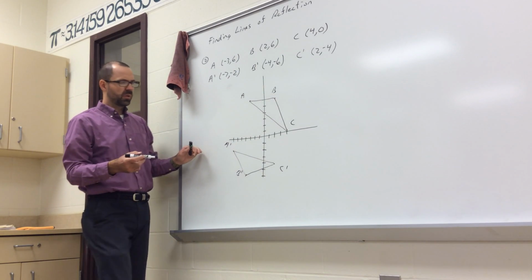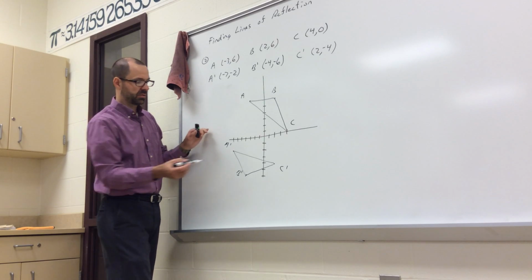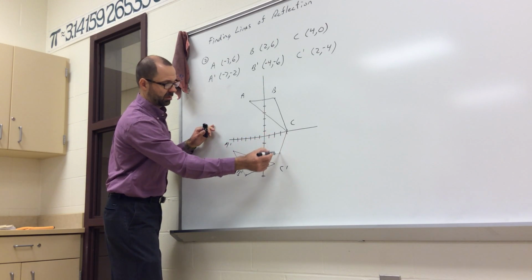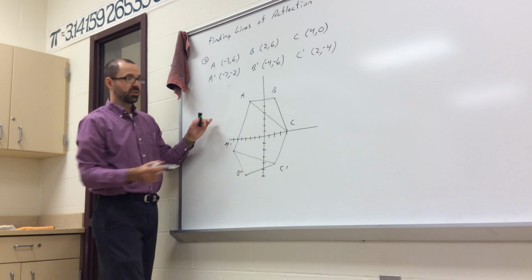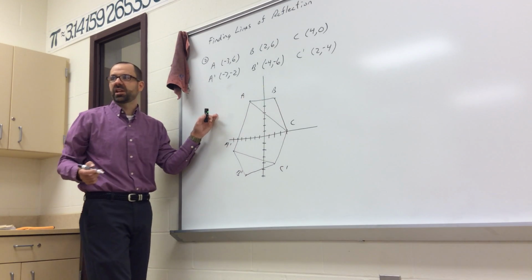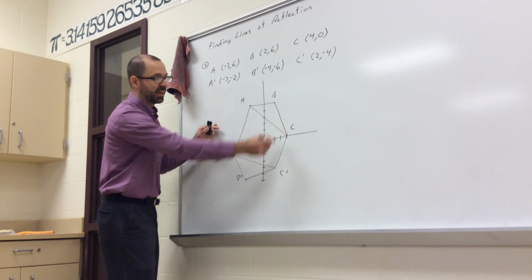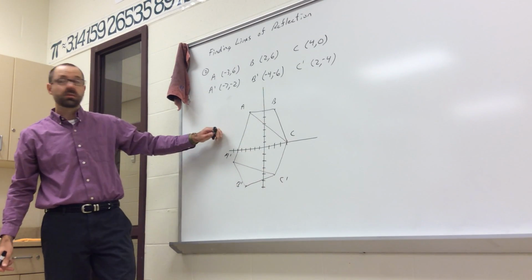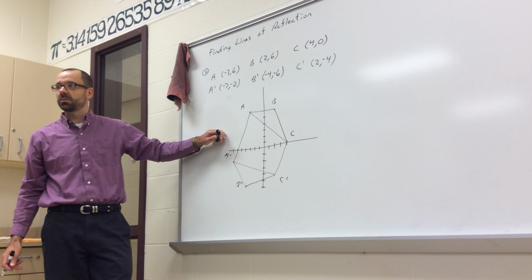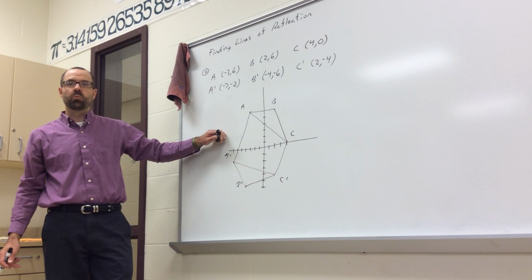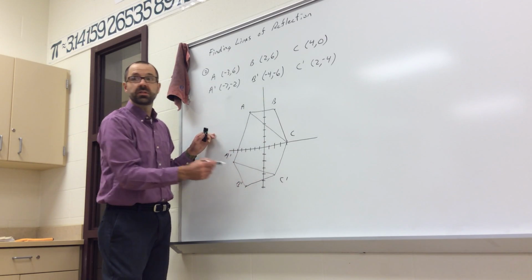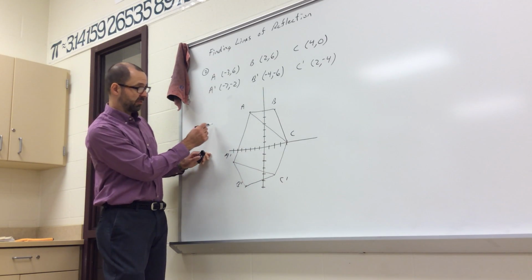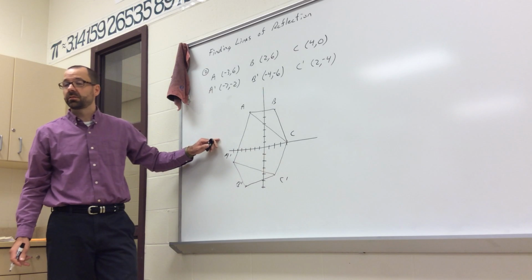Okay, so we've been drawing connector lines. And I could draw from B to B prime, but then it'll get too messy. So I'm just going to draw 2 connector lines. And what do we know about connector lines and the reflection line?